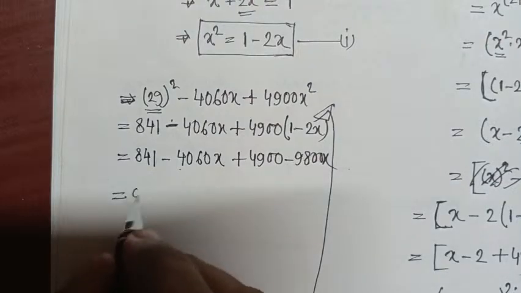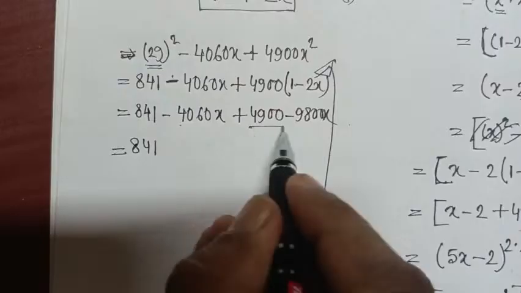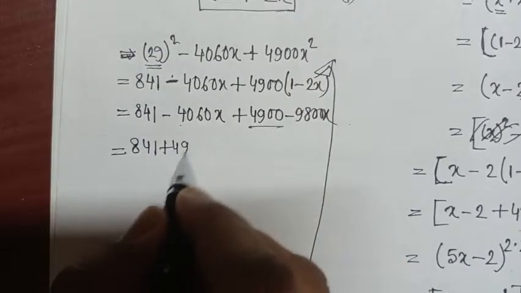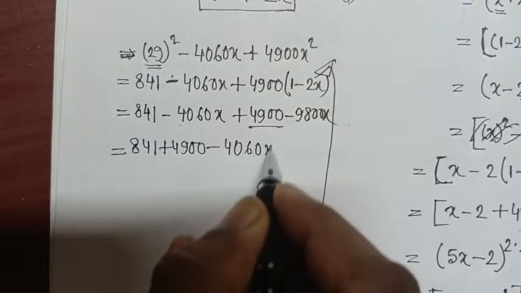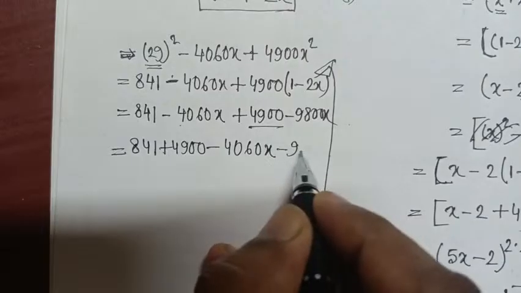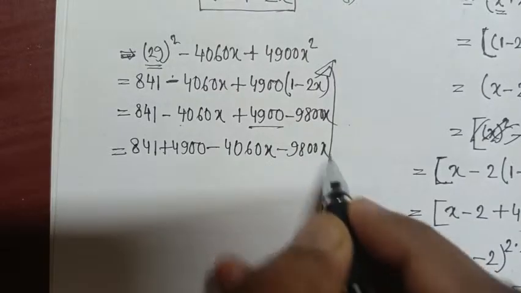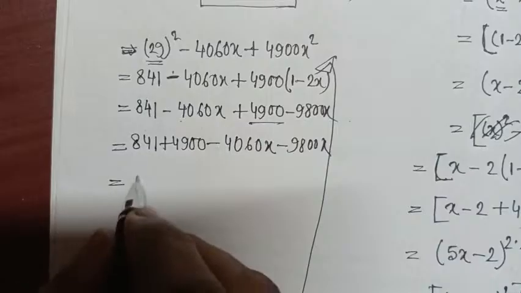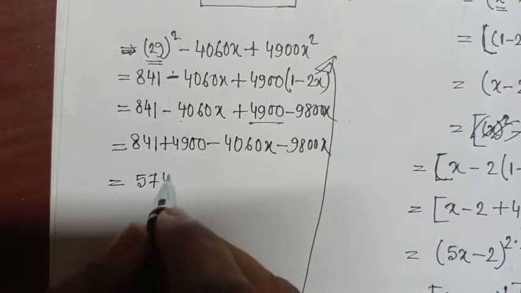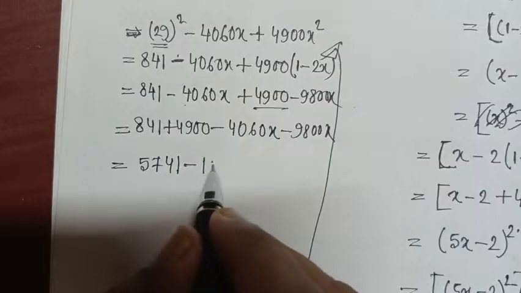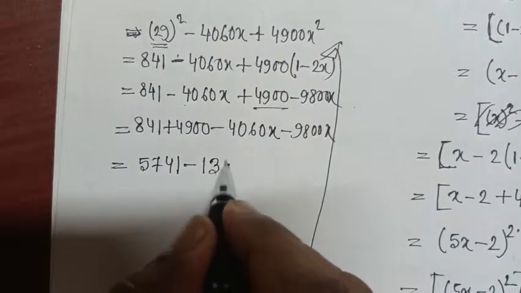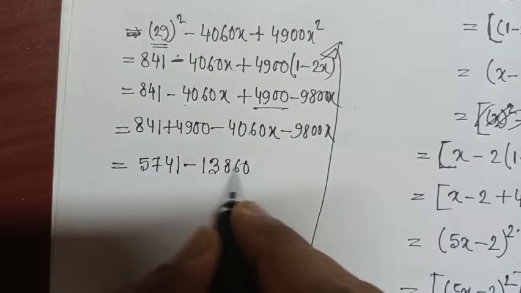Now we get 841 plus, we move this 4900 here, 4900 minus 4060x minus 9800x. Now we get here 5741 minus 13860x.